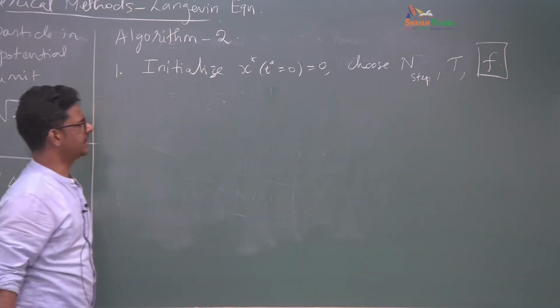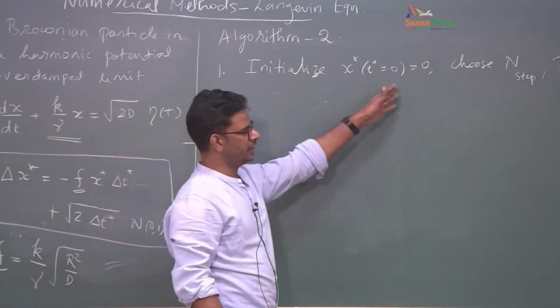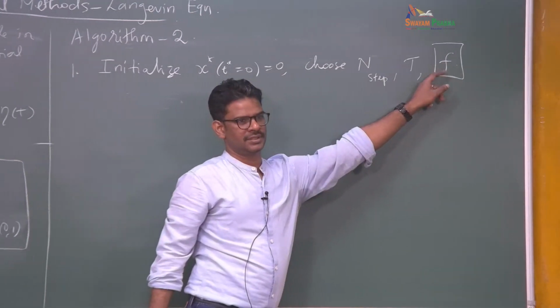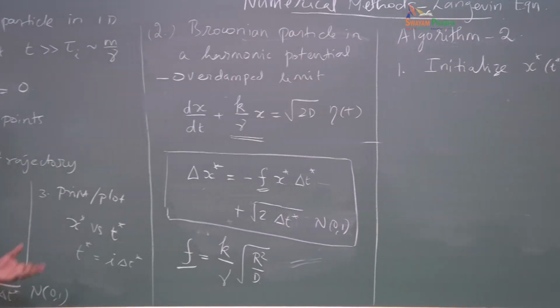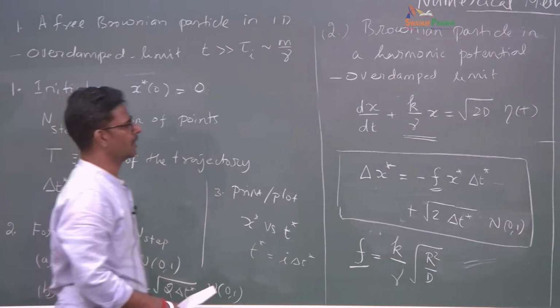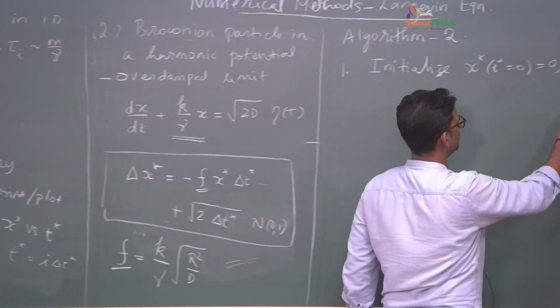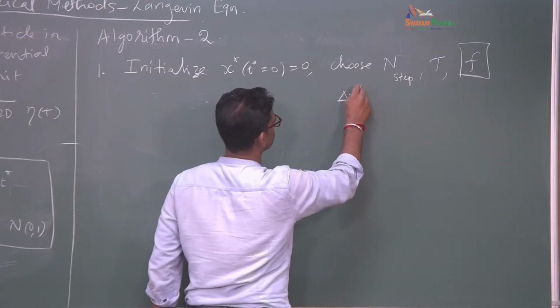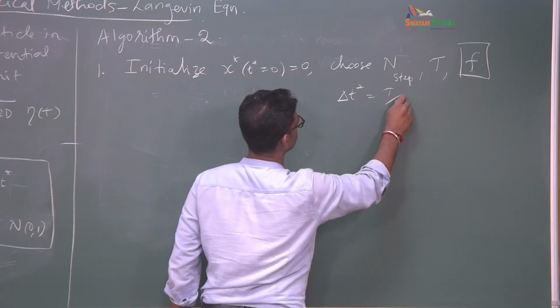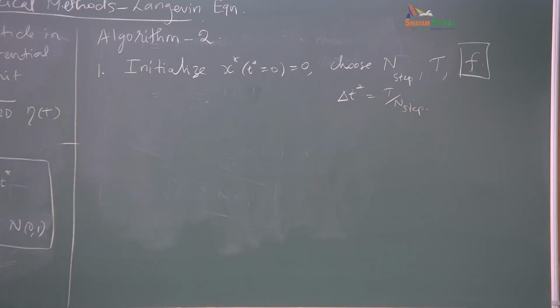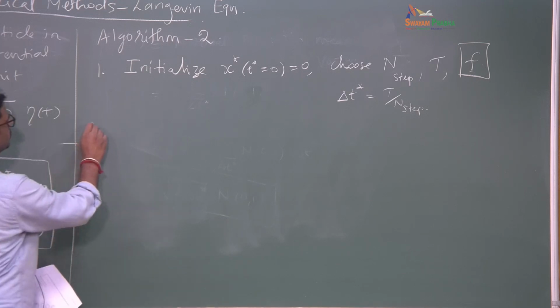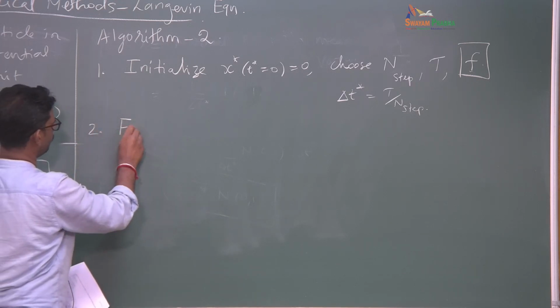Compared to the previous case, in this case when you initialize, you also have to choose this parameter f that tells you about the strength of the potential confining the particle. So with this you would calculate what this delta T star is. This is step 1. Then you run a for loop.